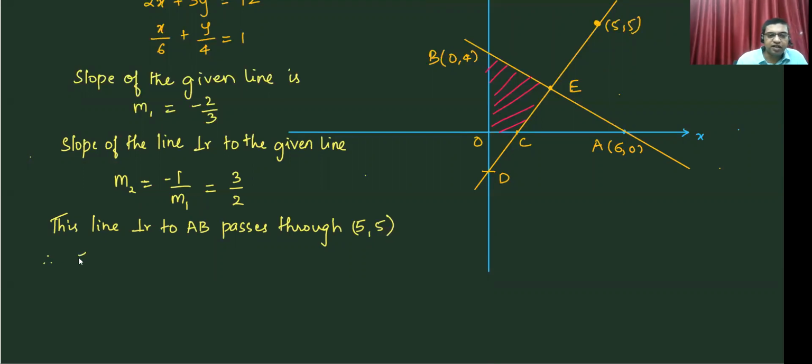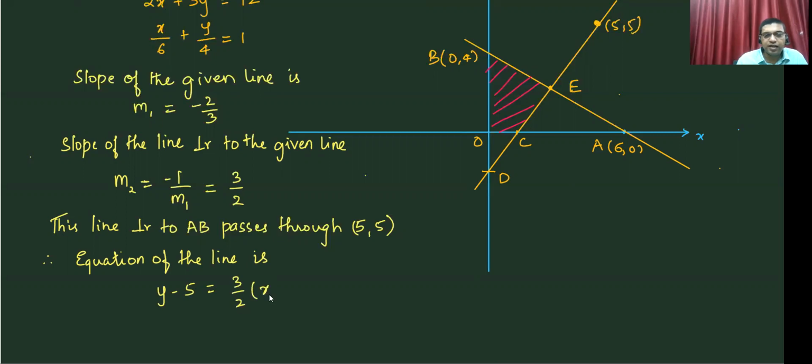Therefore, equation of the line is y minus y1 is equal to m into x minus x1.